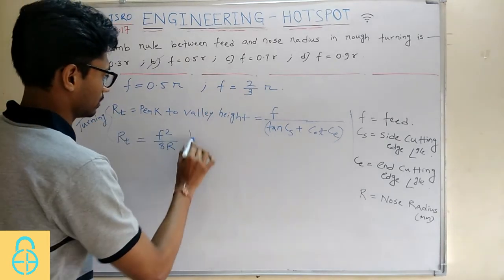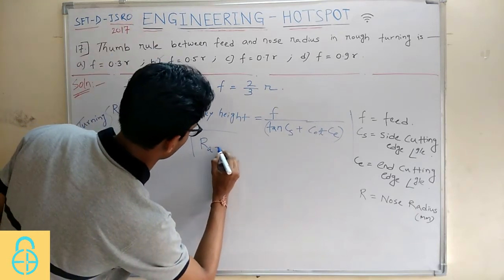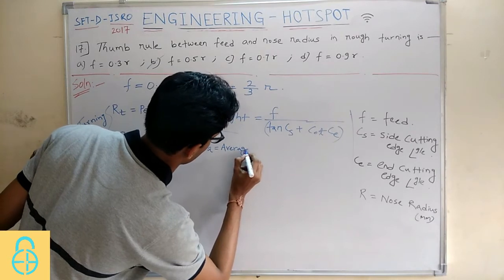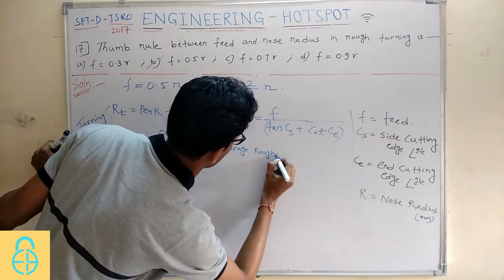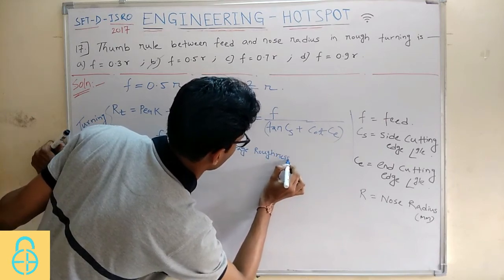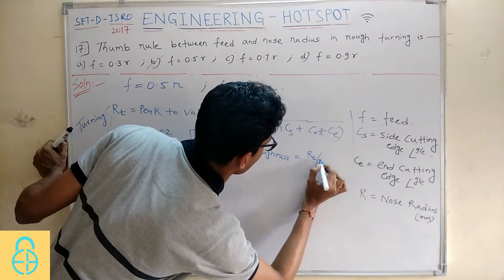And one more thing you can remember, RA, that is average roughness. Average roughness is equal to RT divided by 4.